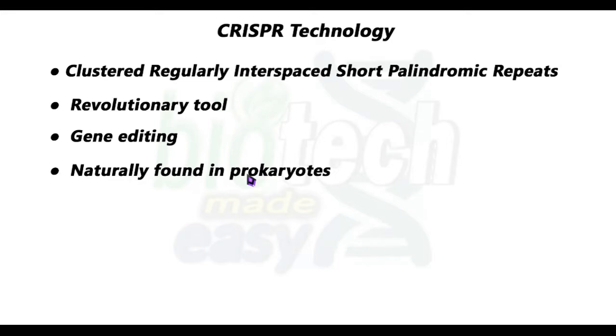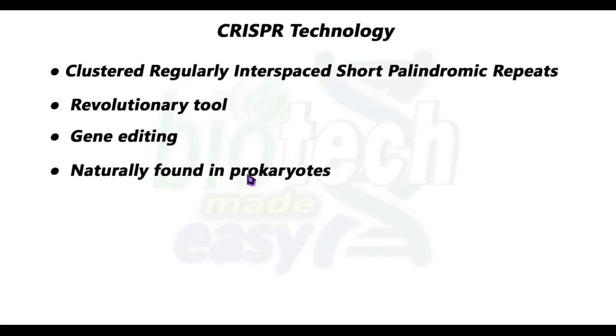It is kind of surprising that these simple prokaryotes have such a complex immune system, which even has memory response. Memory response is an important characteristic of adaptive immunity, and here that kind of memory response is present in bacteria. So that is what is surprising.